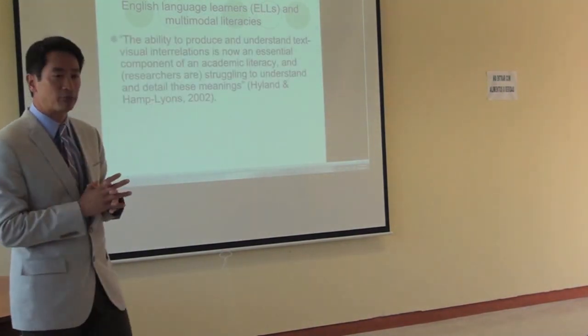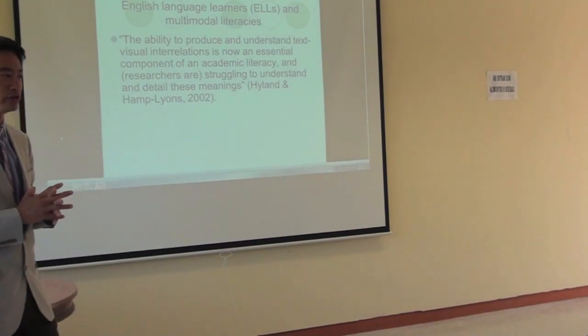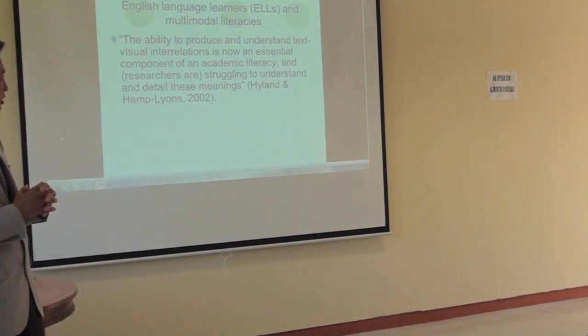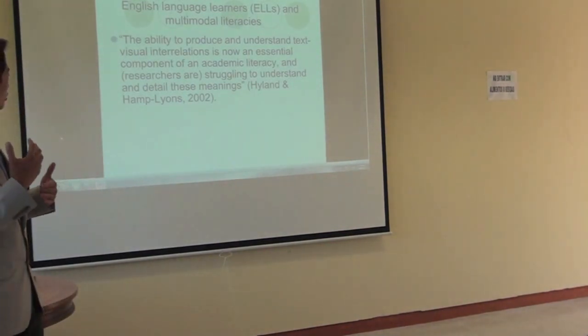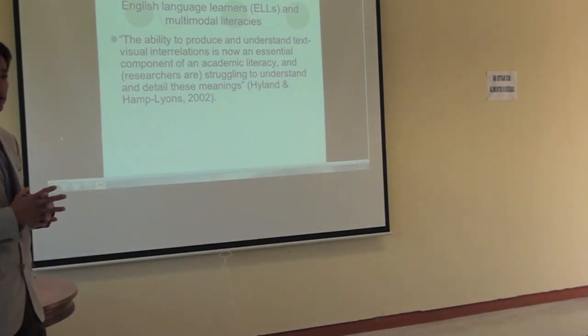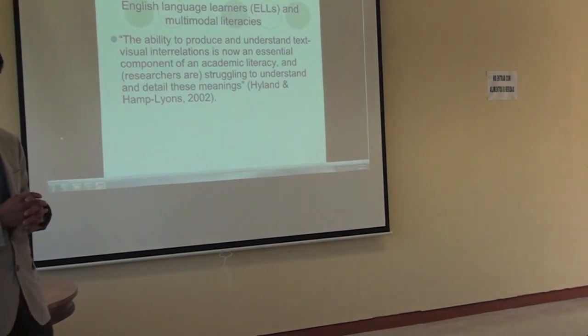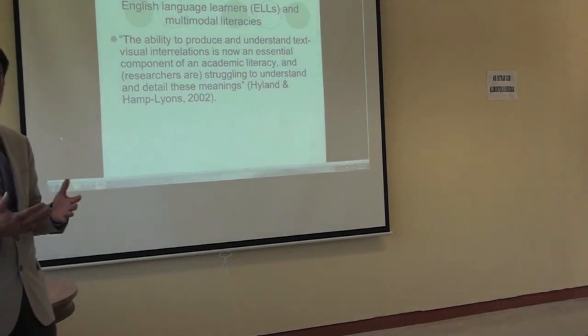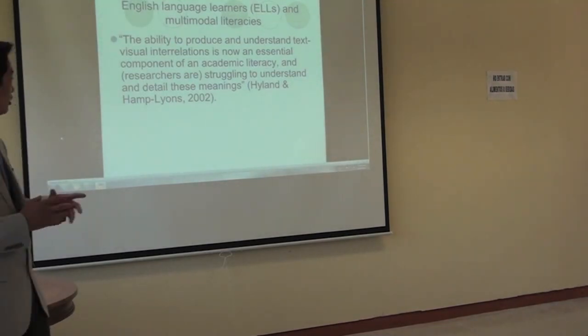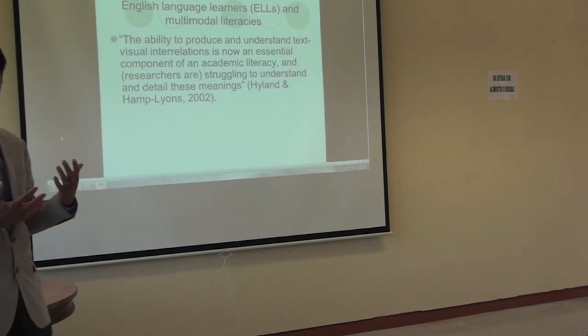Ken Hyland and Liz Lyons have written, and this is already 10 years ago, that the ability to produce and understand text and visual interrelations is now an essential component of academic literacy. And researchers, and I would say not only researchers, but also teachers, are struggling to understand and detail these meanings.